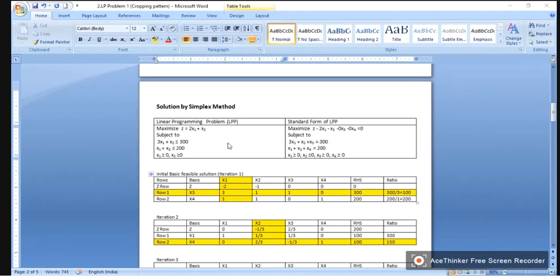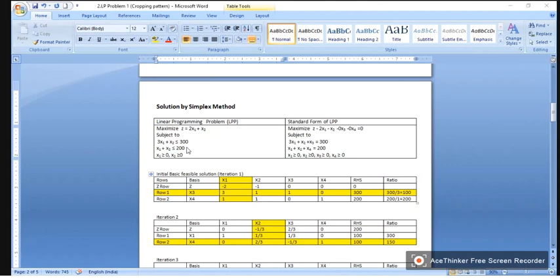The left hand side is less than the right hand side. How can we make the left hand side equal to the right hand side? By adding something, we can equate them. This is named x3 and we call it a slack variable.